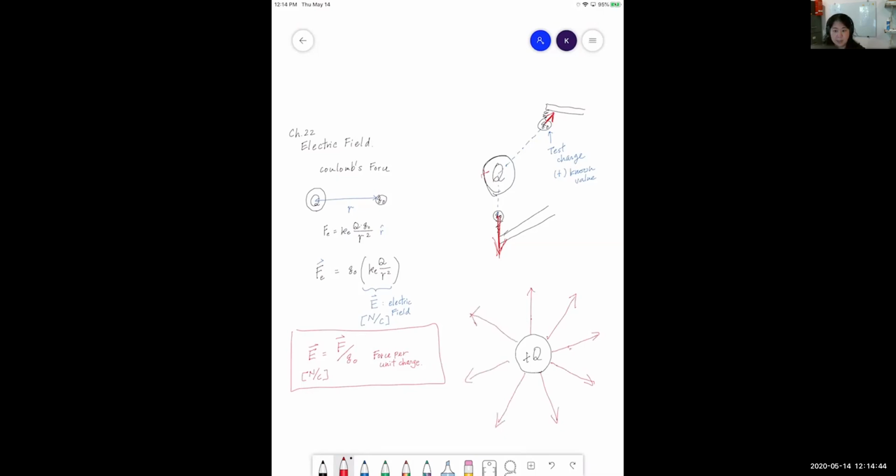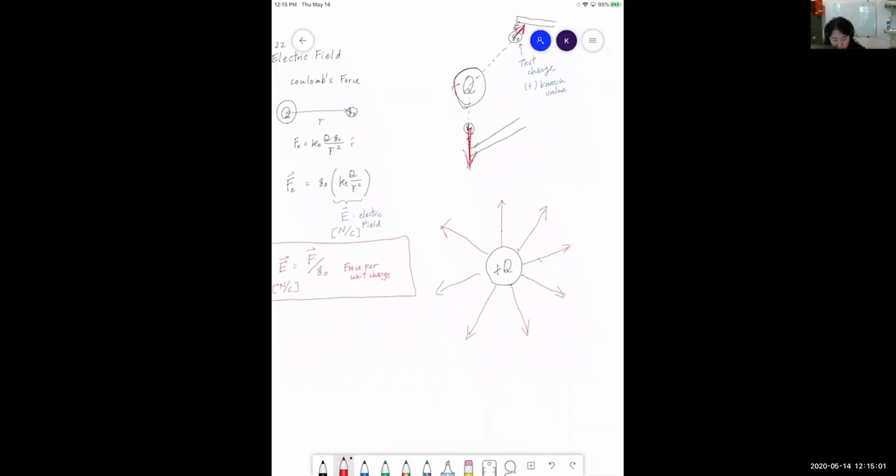Does this make sense? It's repulsive because the test charge is positive. So if you have a big Q, it creates the electric field that gives a force on the little test charge that is always repulsive against it. So it looks like these arrows are coming out radially outward. And these lines are called electric field lines.